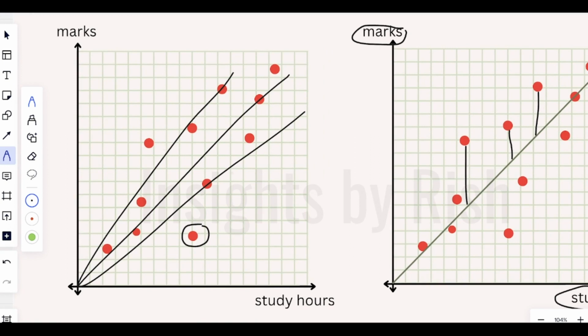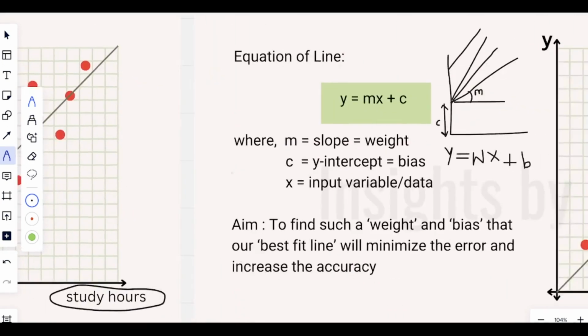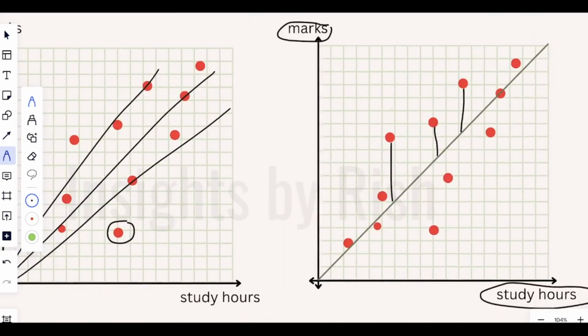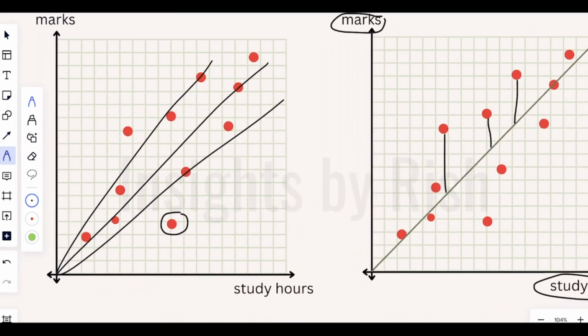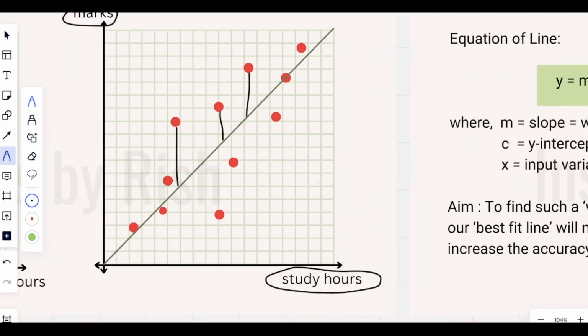As the values of weight and bias, that is this m and c, change, the line also changes. So which line to choose depends upon the distance between the points and the line. You have to choose a line that has minimum distance from the points to the line. And that's how we compute error as well, which we'll study later in this video. So that's the basic understanding.